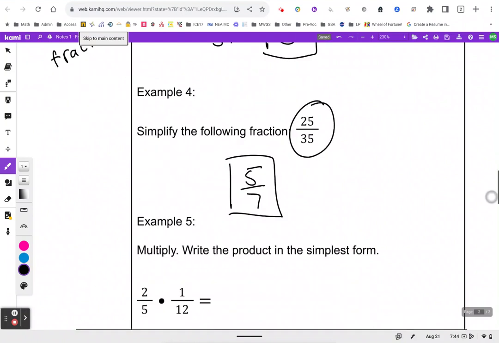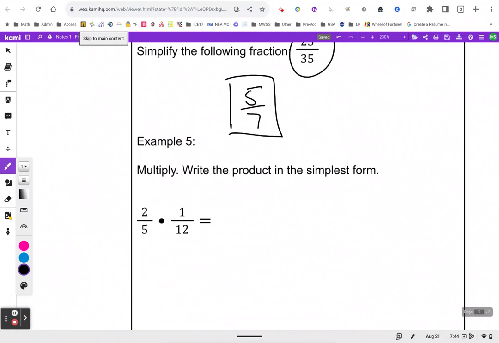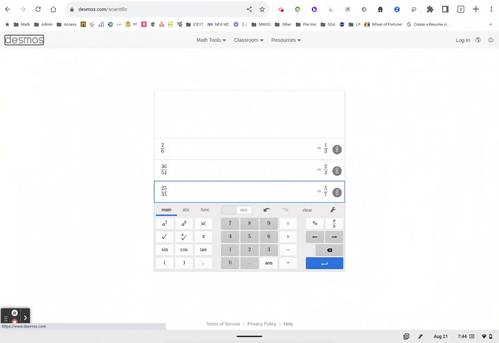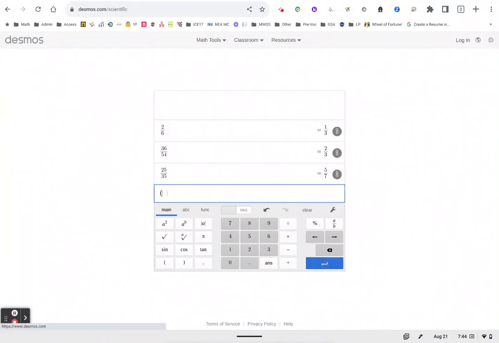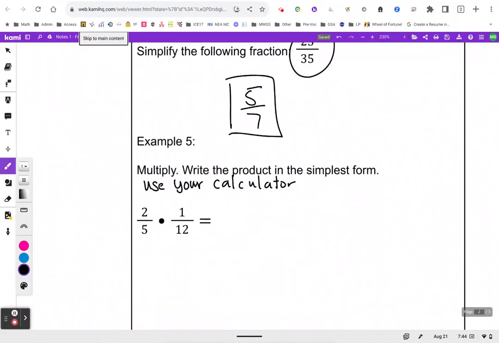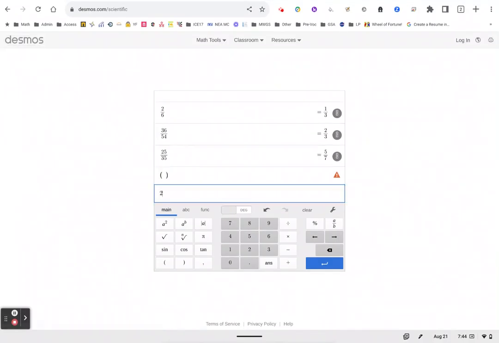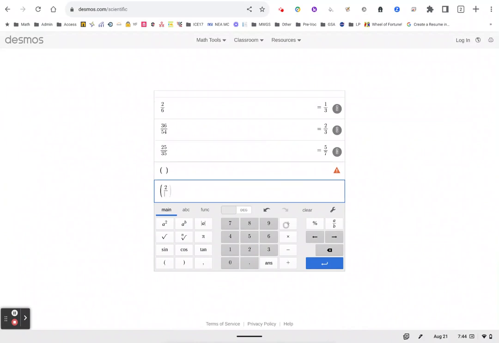Now we're going to multiply fractions too. Again, we're going to take the shorter route and use our calculator. This is the way you type those in. I'm going to do a parenthesis and type that first fraction, which was 2/5. So I do a parenthesis, then 2 divided by 5, and then end my parenthesis.